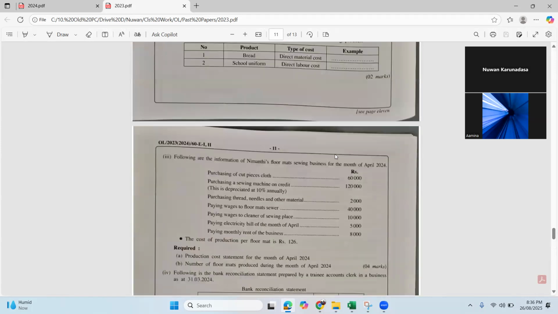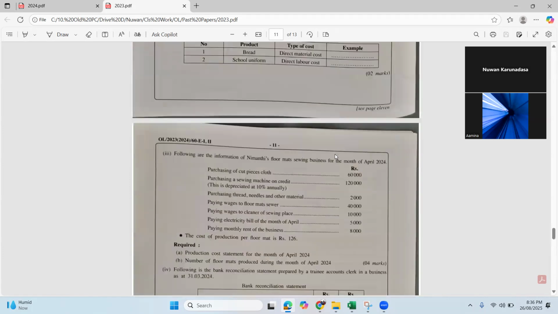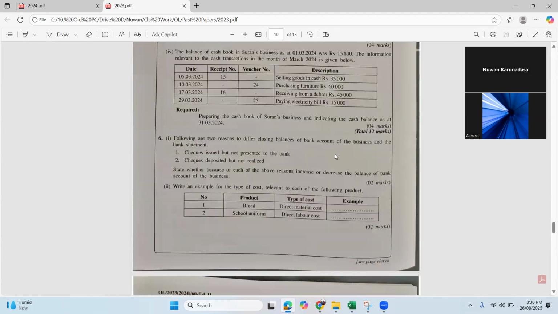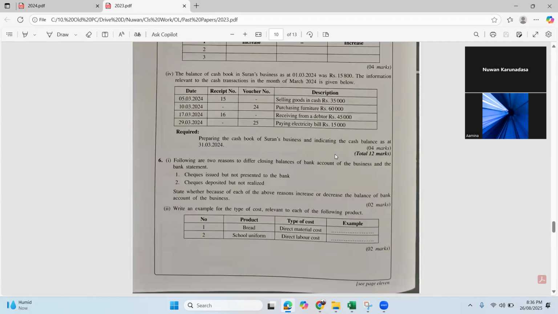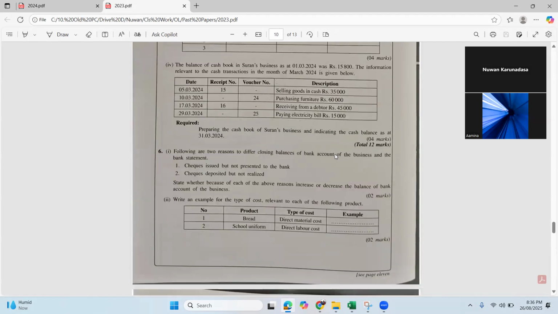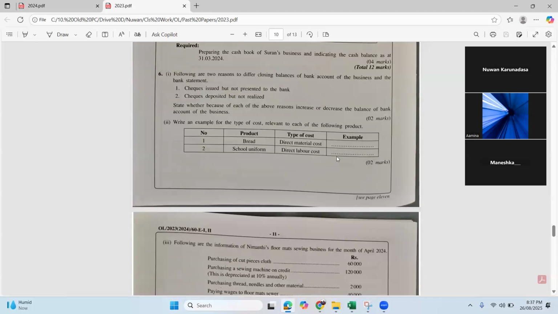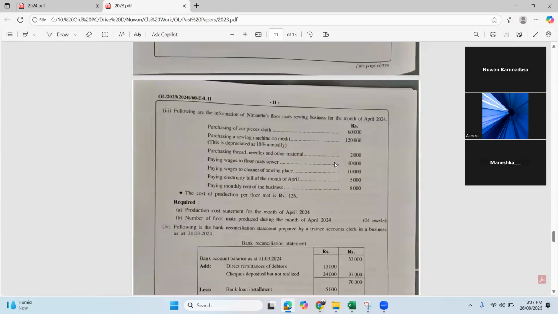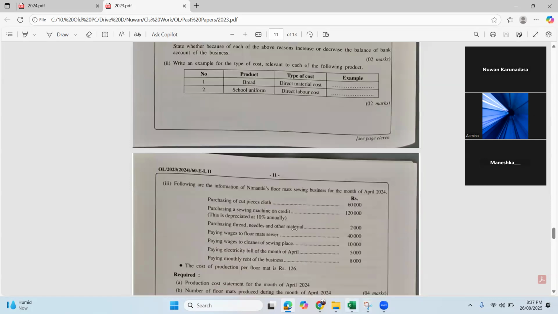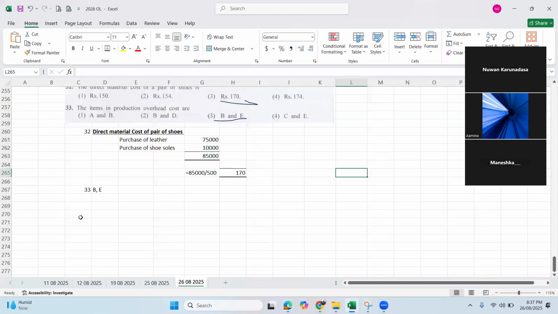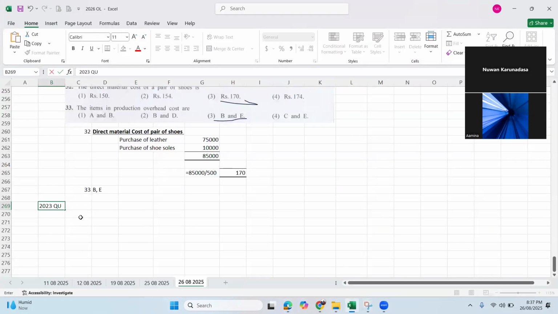Right, see, 2023 paper, question number 6, 2 and 3. 2023 O level. Question number 6, 2 and 3.